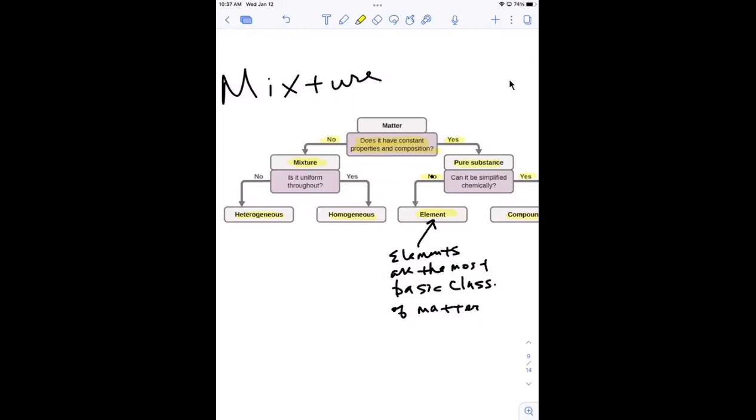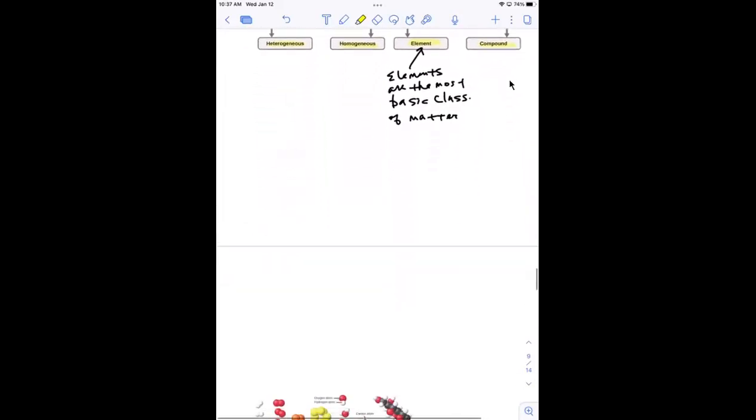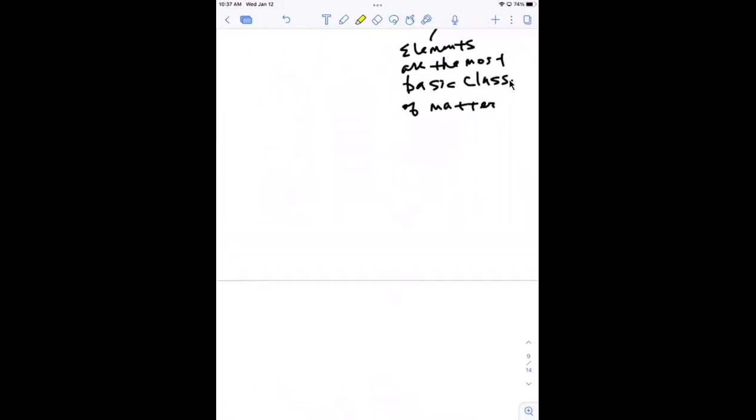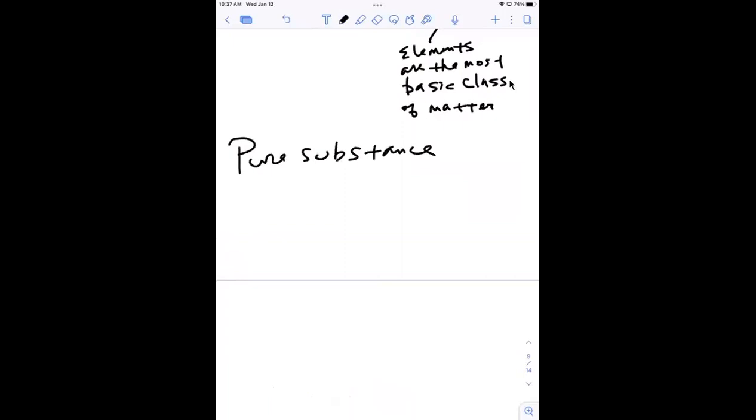So let's think about these pure substances, all right? And let's think about an example of a pure substance. Again, it has a constant composition.